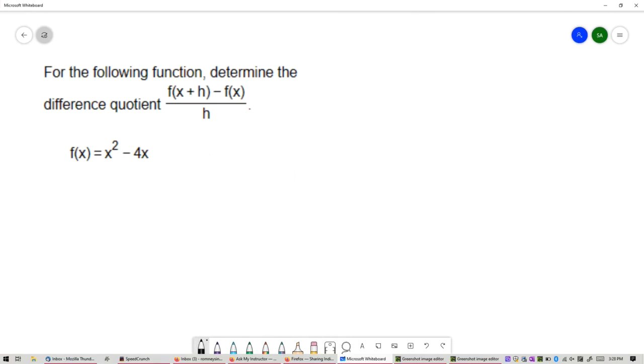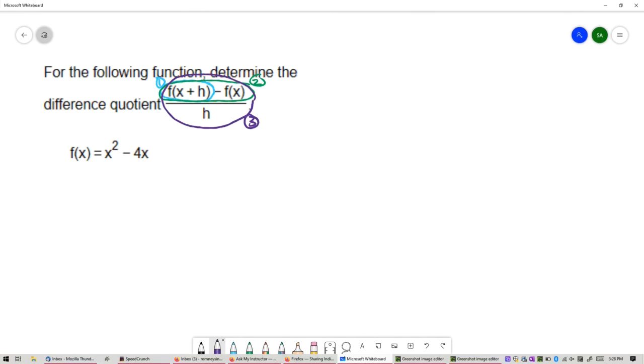So I like to calculate the difference quotient in three parts. I start by calculating just this portion here first, and then I'm going to calculate the whole numerator, and then I'll calculate the whole difference quotient in the third step.